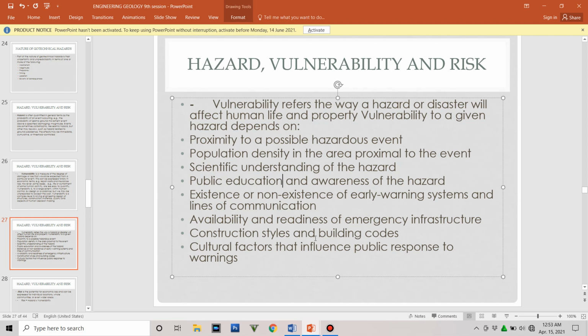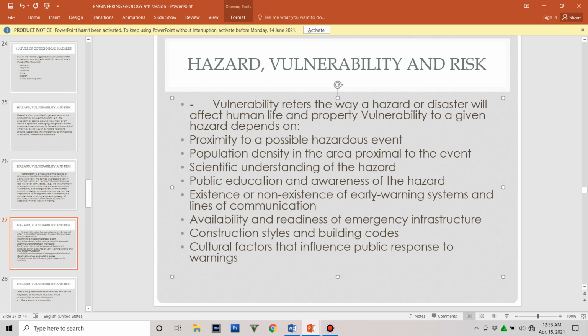And then we also have public education and awareness of the hazards, existing or non-existence of early warning systems, and lines of communication. So nowadays, uso tong early warning systems as well as mapping. Okay. And then the availability and readiness of emergency infrastructure.